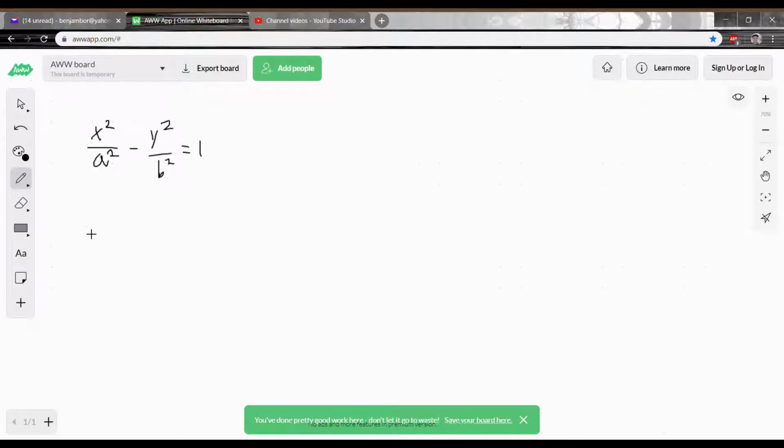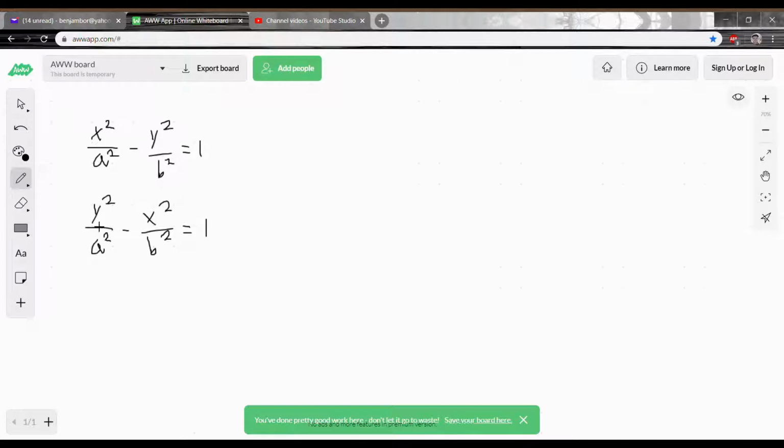And for a vertical transverse axis, we have basically the opposite. And our principles for moving the center point of our hyperbola, or the center point of our shape, whatever it is, are going to be the same.